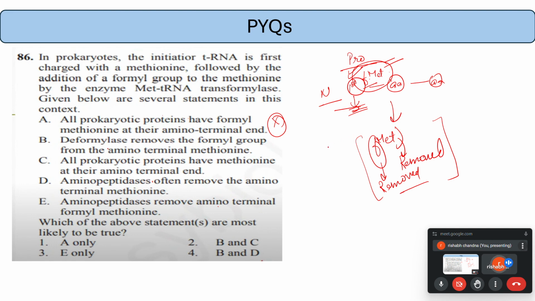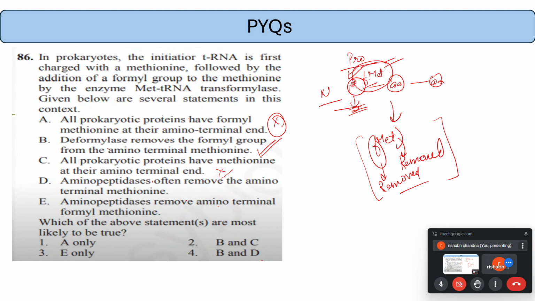Then deformylase removes the formyl group from the amino terminal methionine. So yes, this is correct. All prokaryotic proteins have methionine at the amino terminal end. Based upon this fact, if the formylated methionine is removed, then this option is also wrong. Then aminopeptidases often remove the amino terminal methionine.